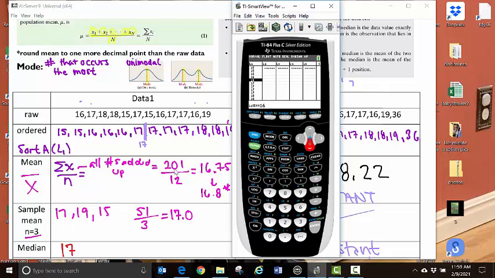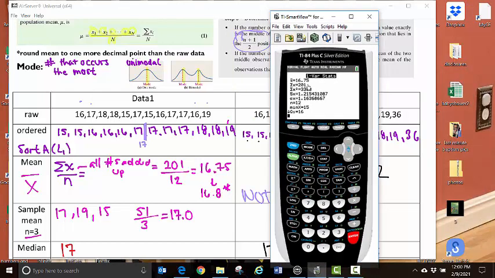I could get all this data from doing stat, calculate, 1 variable stats, my data's in list 1, I don't have a frequency list, and I'm going to hit calculate. Well, there's my mean, 16.75.